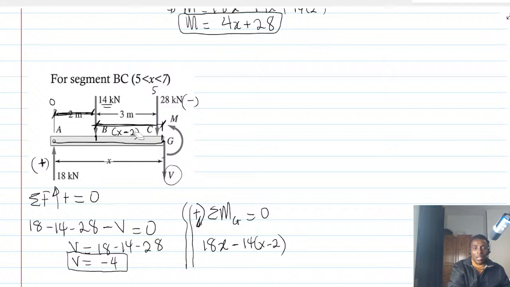Okay. Now, interestingly, watch this. You will see that from here all the way here is 3. And then from here all the way here is 2. So 2 plus 3 is 5.